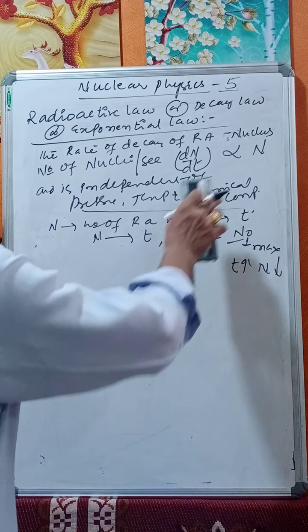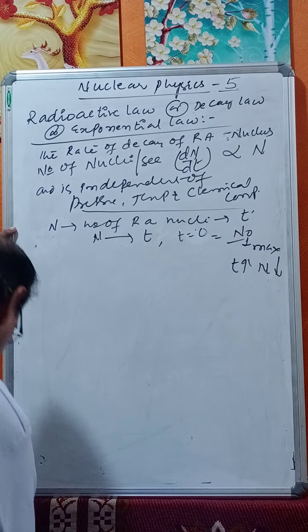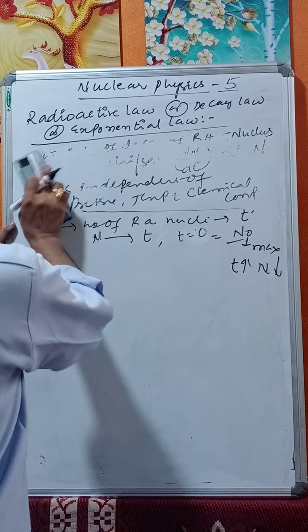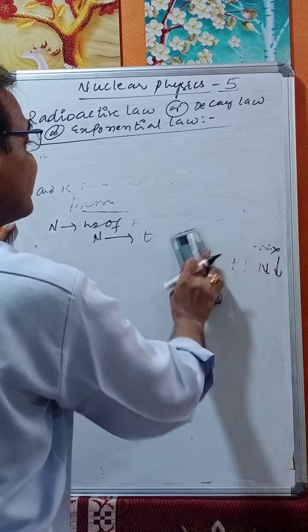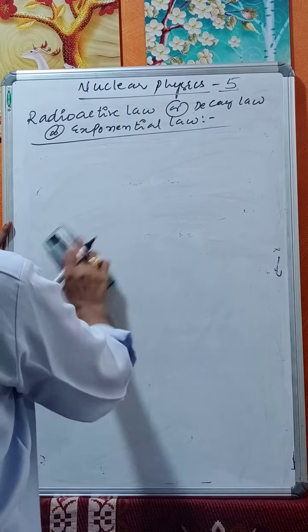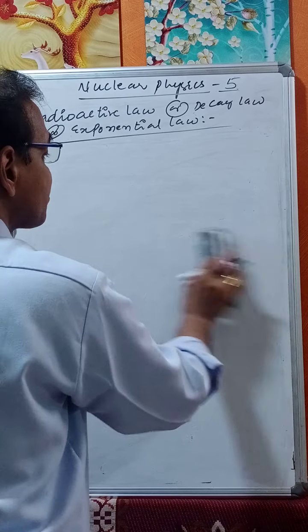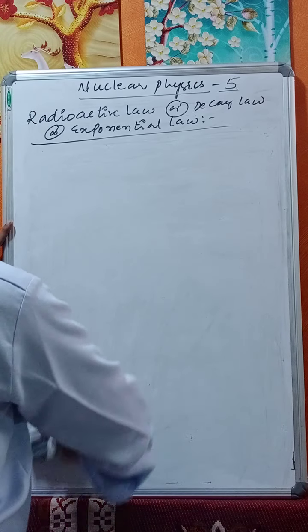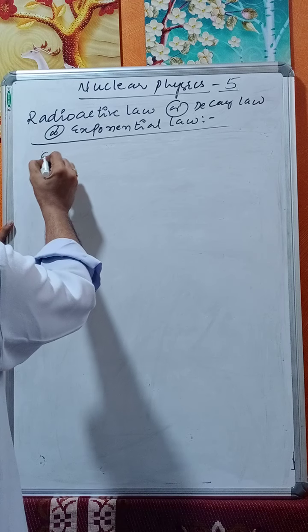Now, according to this, dN by dt is proportional to N. The rate of decay or rate of disintegration is directly proportional to the number of nuclei present at a time t.